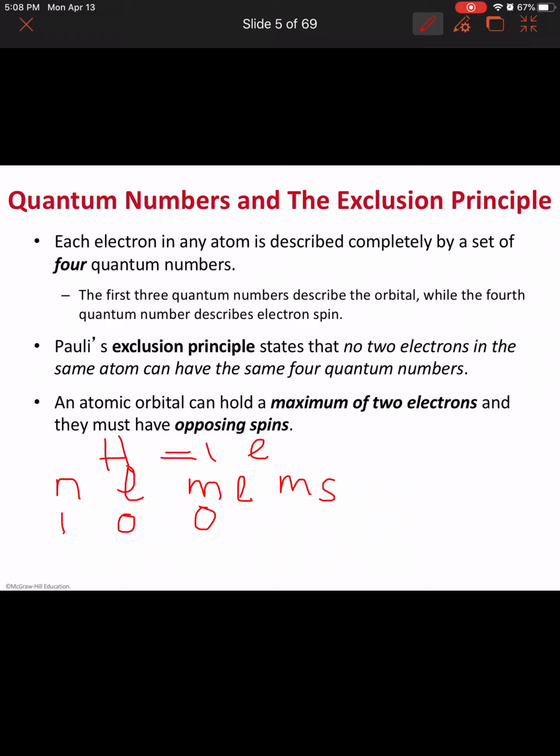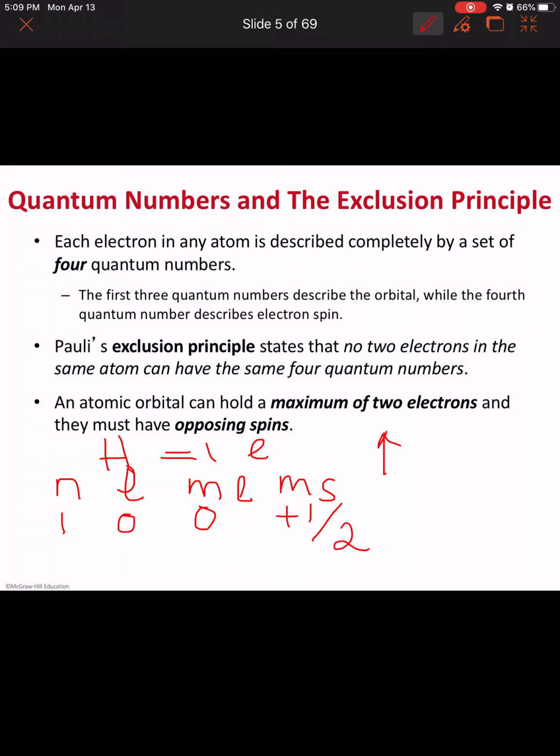So this 1 electron could be facing up. That is the ms. In fact, as a convention, when we put our first electron, we always face it upwards, making that electron's ms plus half.